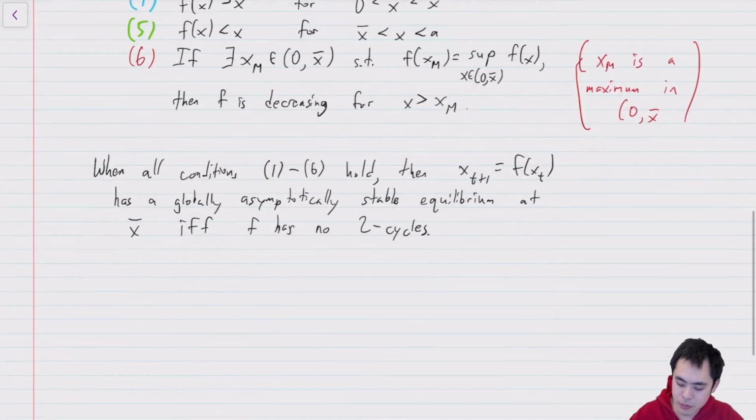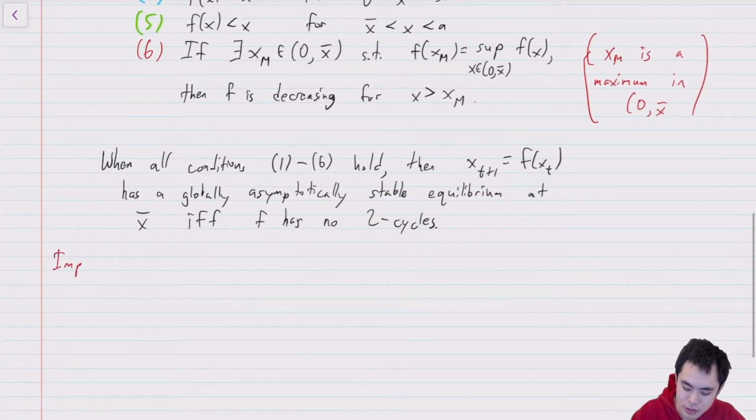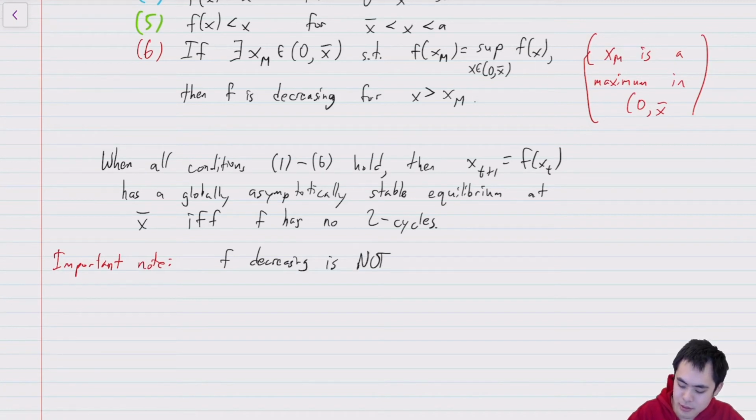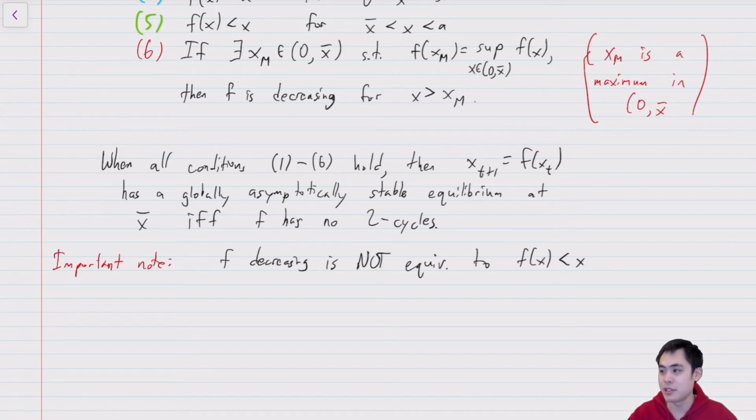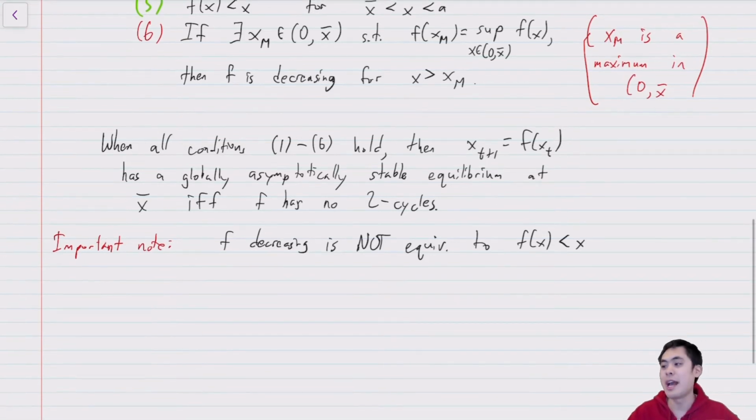And let me go ahead and put an important note here, just to clarify. F decreasing is not equivalent to saying f of x is less than x. This is a very, very different condition. One of them is the application of x.